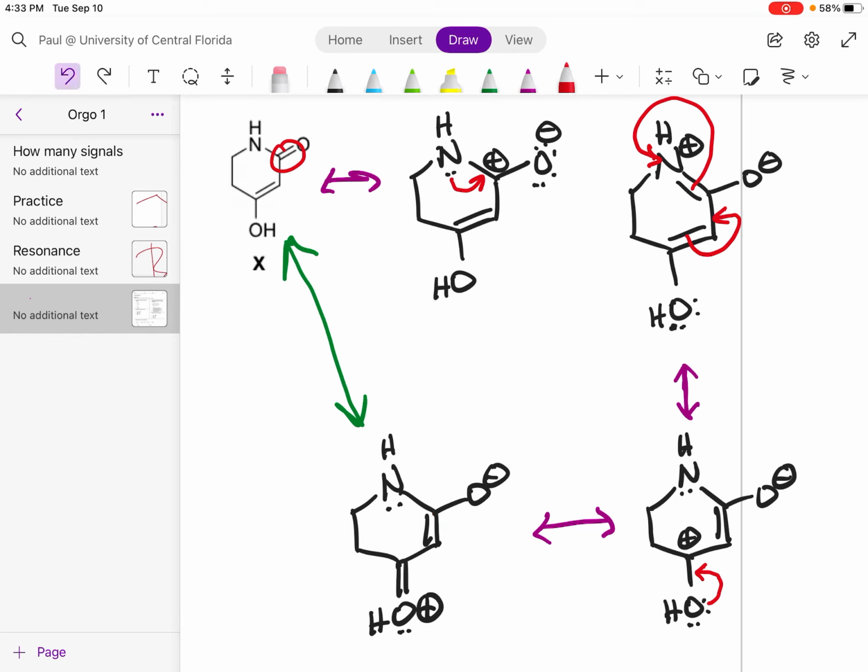But let's pay attention, we have a lone pair right there and a lone pair there. So the lone pair there and the lone pair here did not move. So we just have to keep track of that and move the electrons that are moving. And so we could do it like this.